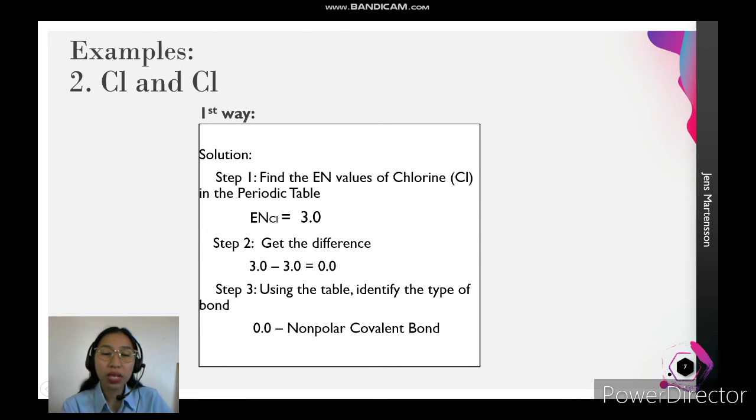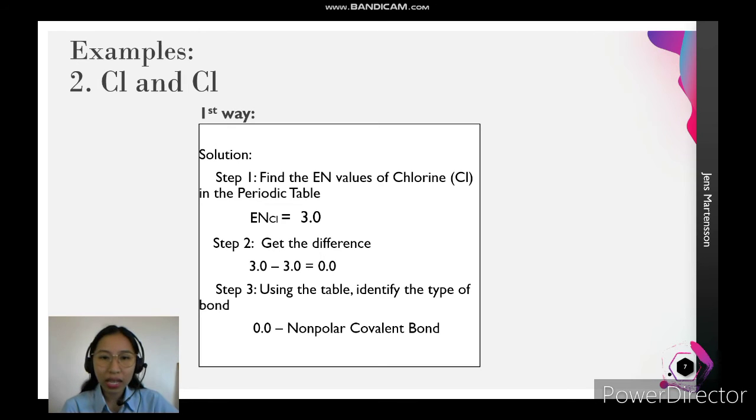Obviously, the answer would be 0. Using the table, identify the type of bond. Syempre, 0 falls in asa? Less than or equal to 0.4, which is non-polar covalent bond. Kung tanawon ninyo ang pink nga table kaganina.